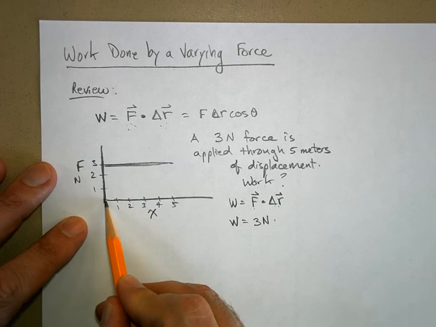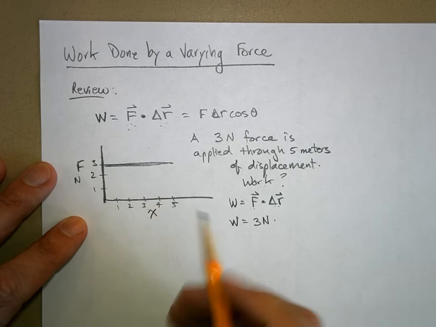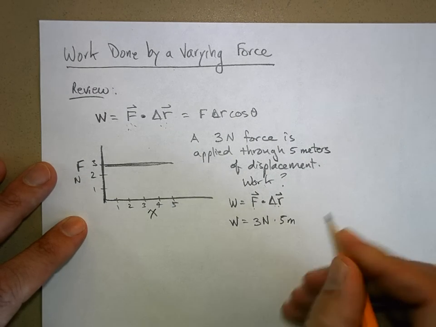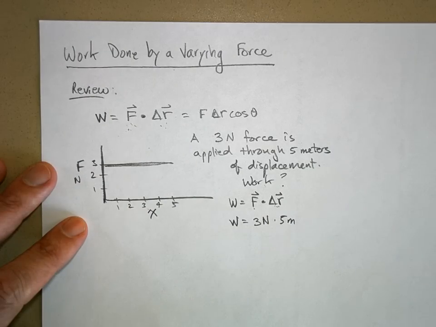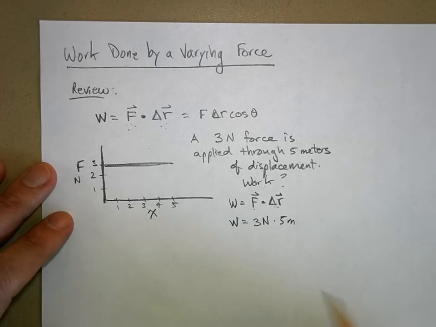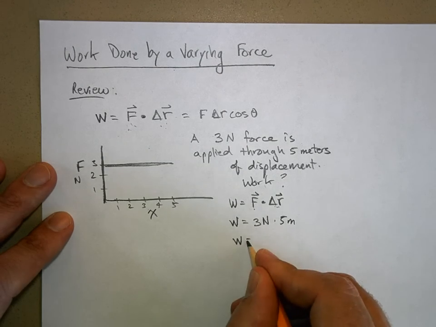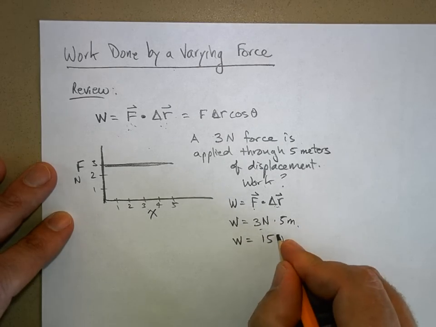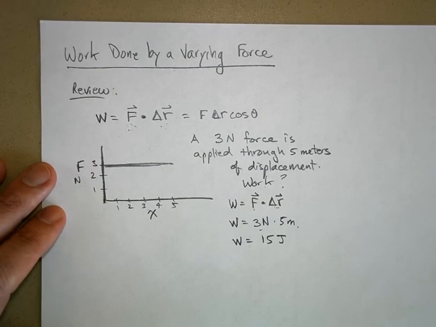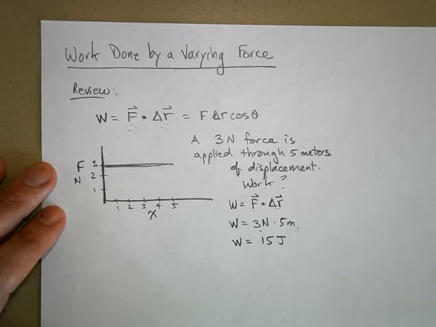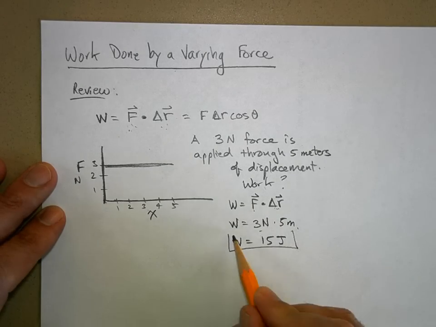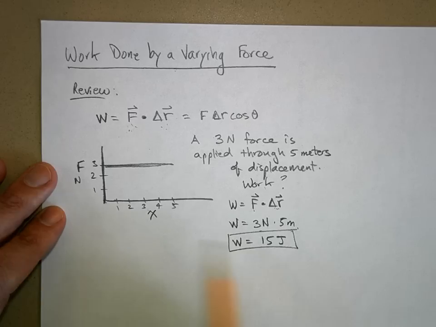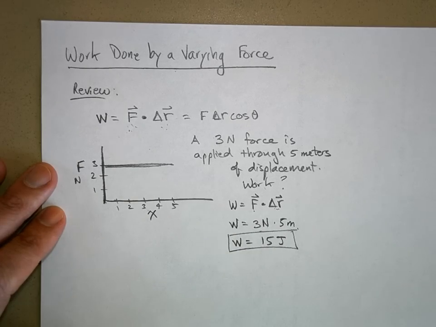We're starting at the origin and we're going out to 5 meters. So that's going to be 5 meters. And we're assuming that the force and the displacement are in the same direction, so it's a cosine of 0 degrees, which is 1. So 3 times 5, that's 15. And a Newton times a meter is a joule of energy transferred. Okay, there's my answer.